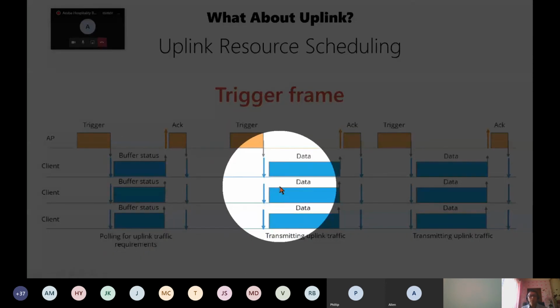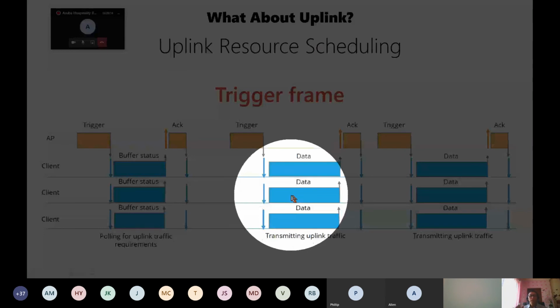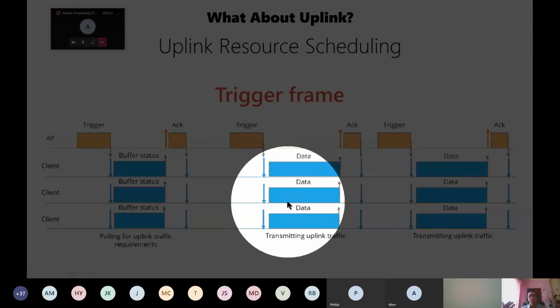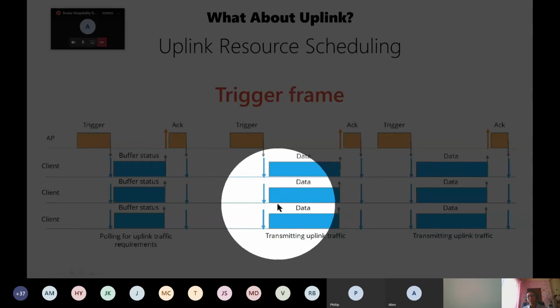I'm going to tell you which sub-channel you're going to use, so different clients will have different sub-channels. Again, it allows multiple clients to transmit simultaneously. It also allows the AP to coordinate which clients go first and which go next.